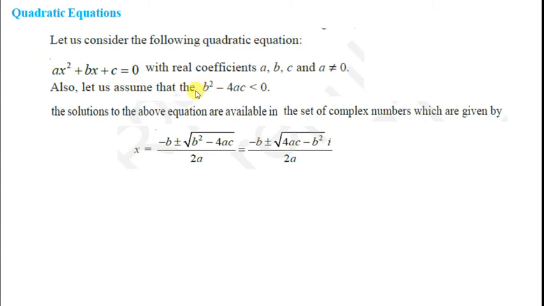And suppose we have taken the discriminant b square minus 4ac less than 0, then the roots are x equals minus b plus minus root b square minus 4ac divided by 2a. Now if this is negative, we can take the negative sign common and write 4ac minus b square, and root minus 1 is i, so the roots of the equation become minus b plus minus root 4ac minus b square i divided by 2a.